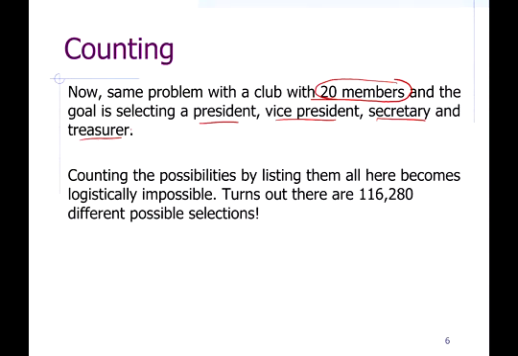And that is the purpose of this section. We're talking about counting, and we're talking about counting things that we can't list, or things that we can't count one by one. We don't care what the items on the list are. All we care about is how many items there are on our lists.